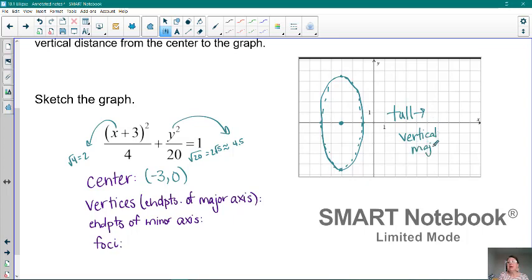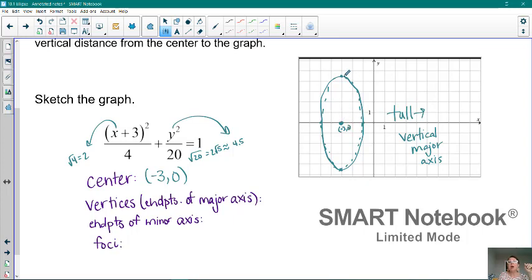Okay, so that helps me be able to identify the different things that I'm going to label over here. All right, so the vertices of my ellipse, or the endpoints of my major axis, those are the same things. I'm going to need to label this point and this point. Now hold on. Remember, I used a decimal, but that wasn't the exact, and of course we need to be exact when we're labeling things. So I was at the center, -3, 0.